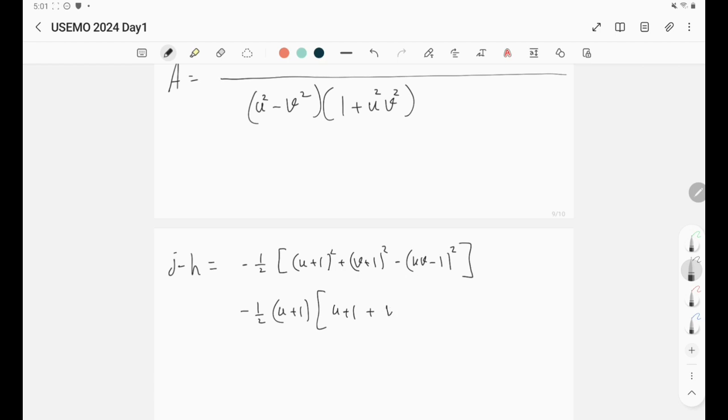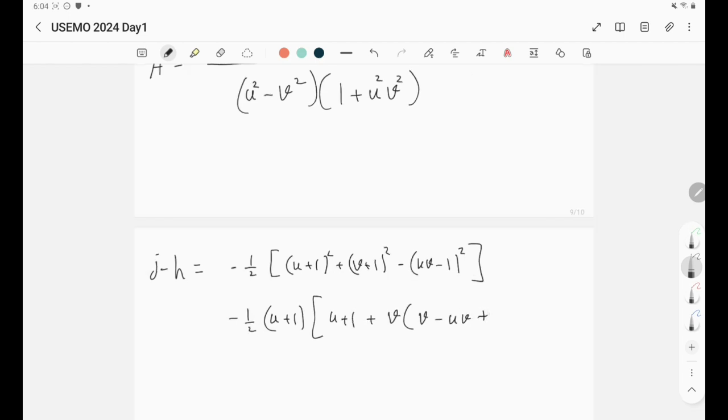We have actually v, and times the subtraction is going to be v minus uv plus 2. Yeah, that's it. Okay, now of course we can continue. So we can take this u plus 1, and we know that we're going to have v plus 1 as a common factor here. So let's just do v plus 1 here, and see what we need so that we continue.